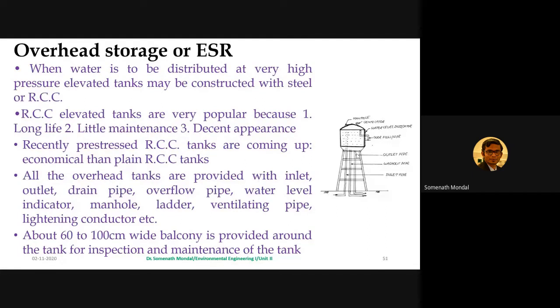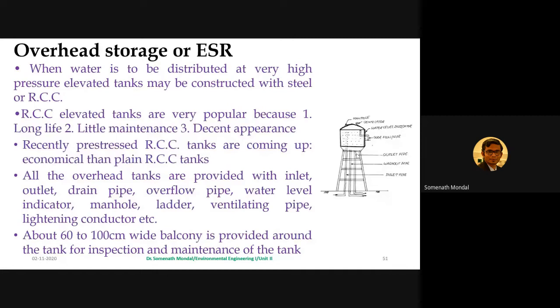All the overhead tanks are provided with inlet, outlet, drain pipe, overflow pipe, water level indicator, manhole, ladder, ventilators, and lightning conductor, etc. As I mentioned before, about 60 to 100 centimeter wide balcony is provided around the tank for inspection and the maintenance of the tank.